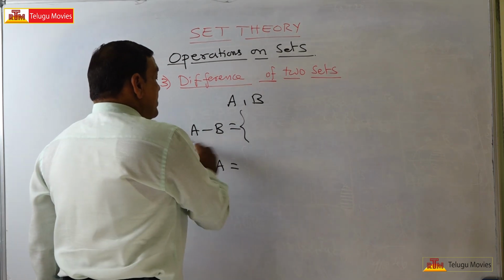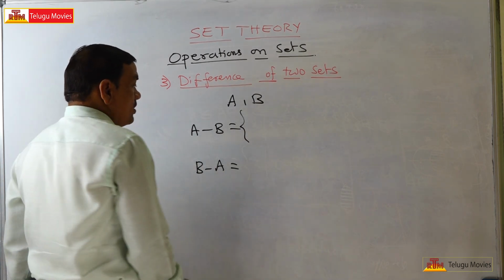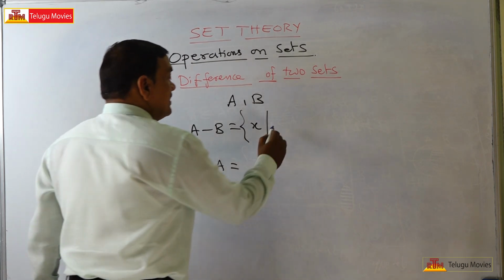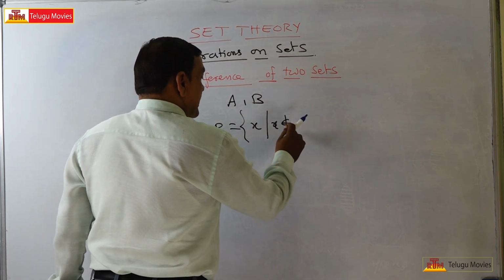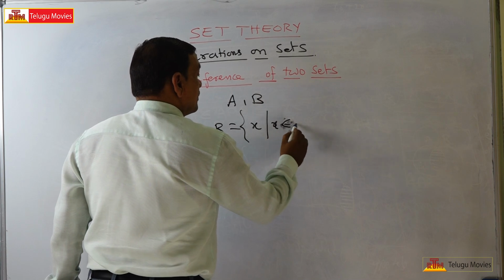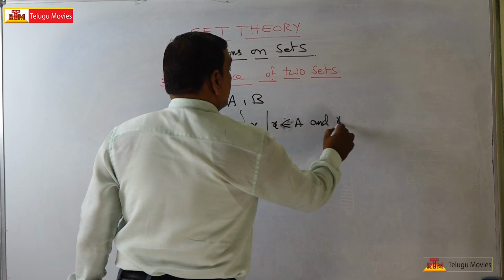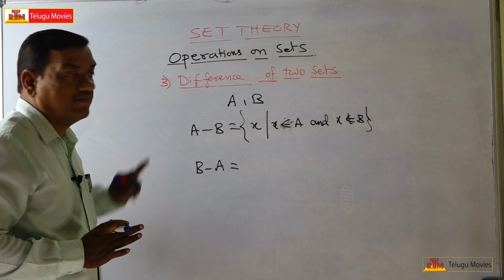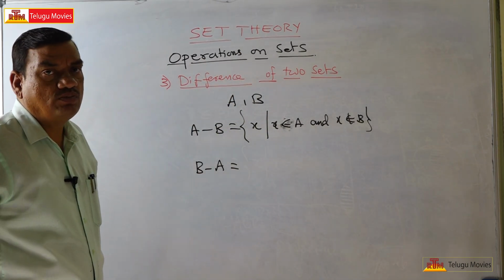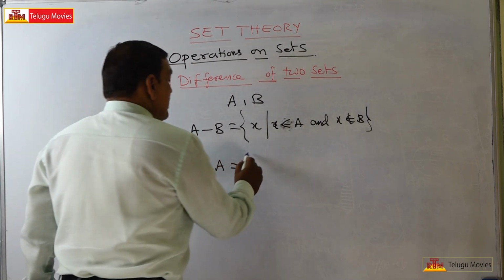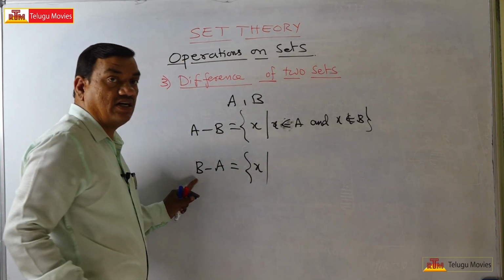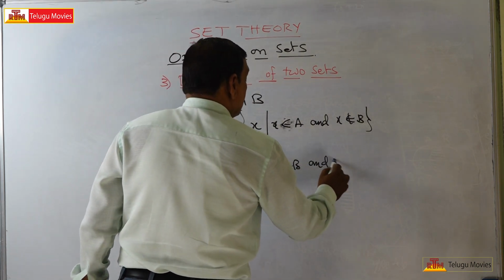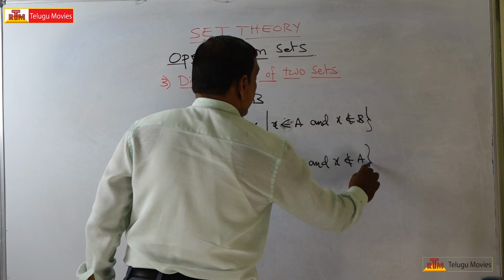Now the difference A minus B is defined as the set of all the elements x such that x belongs to A and x does not belong to B. That means it should belong to only A. So we should not take the elements which belong to B. B minus A means the set of all the elements belonging to B and not belonging to A. Okay now.